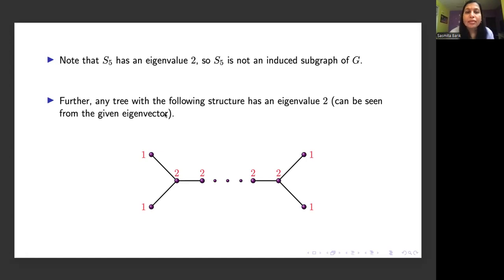Now if I allow at least 2 vertices of degree 3, then the graph, which is already a tree, should contain this type of structure. You have 2 degree 3 vertices and between them there will be a path.